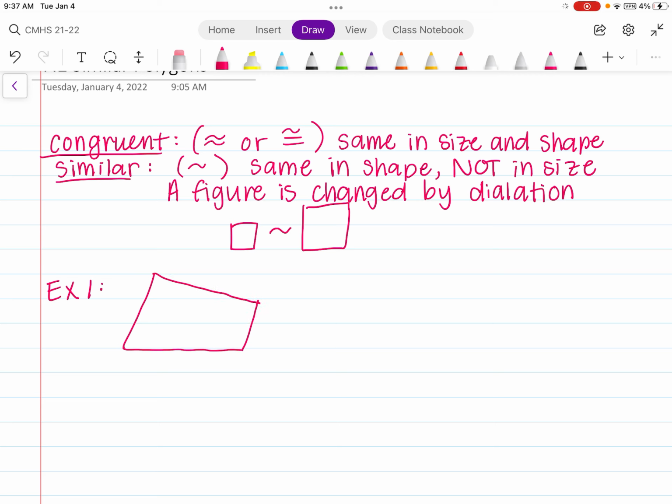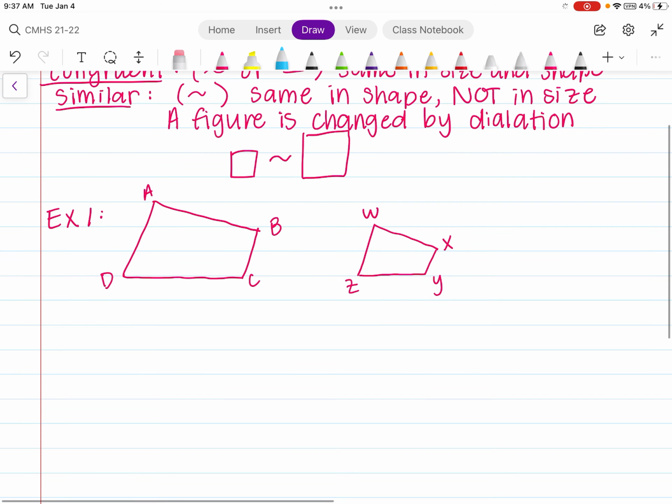Okay. And this is going to be A, B, C, D. It is important that you put these letters in the right spot. Then we have another one here, a little smaller one. I just made some random shape. And this is W, X, Y, Z. And we have some measurements.